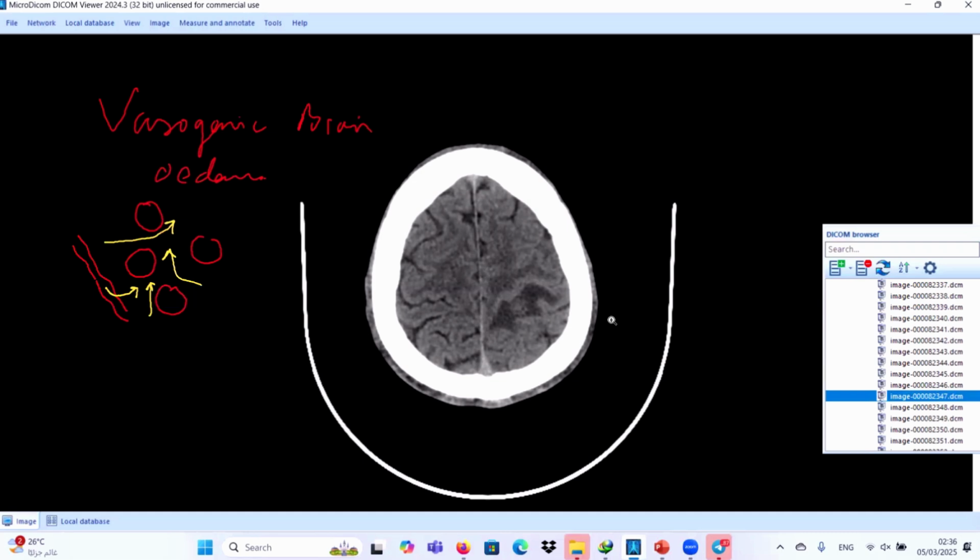So the first point, we don't have any diffusion restriction because the water is moving freely between the cells. So we have here facilitated diffusion, or no diffusion restriction.